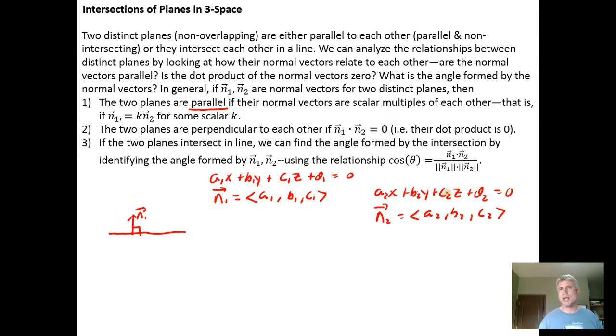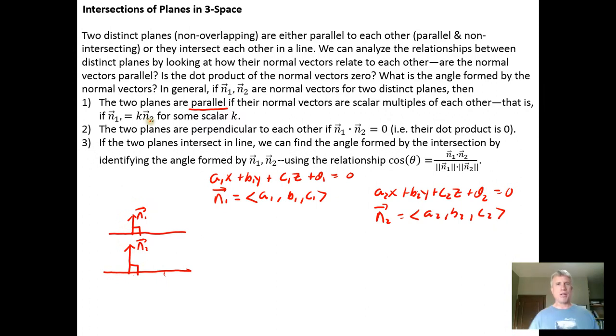If I have a second plane, p sub 2, and it happens to be parallel to the first plane, its normal vector will probably be a different size from the normal vector used for this plane, but if the two planes are parallel, the normal vectors are also going to be parallel.